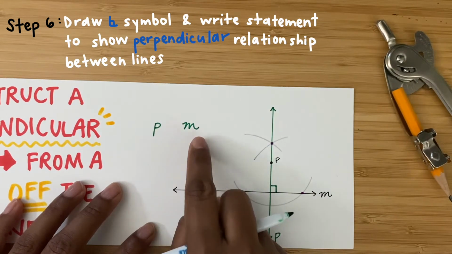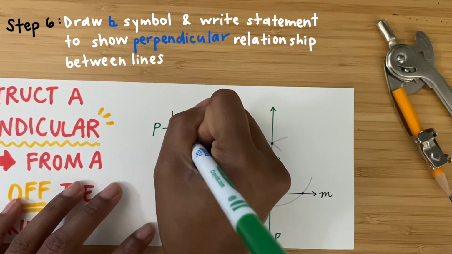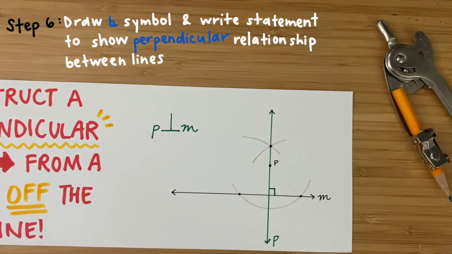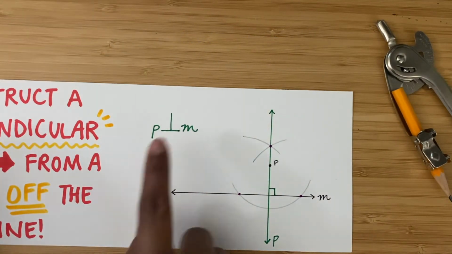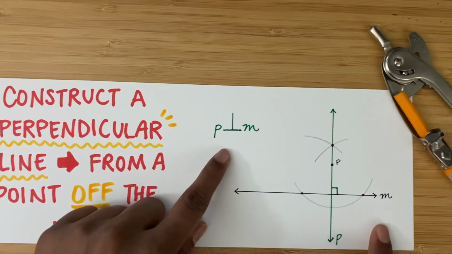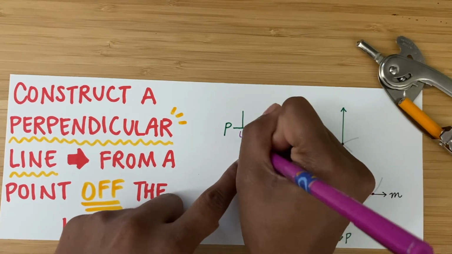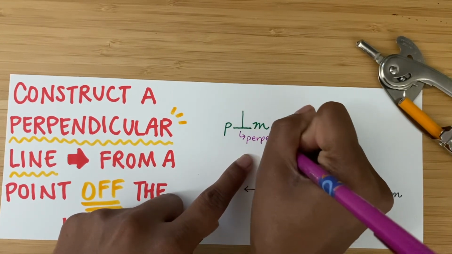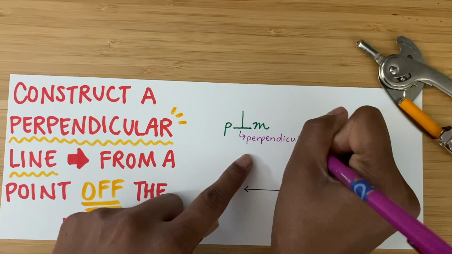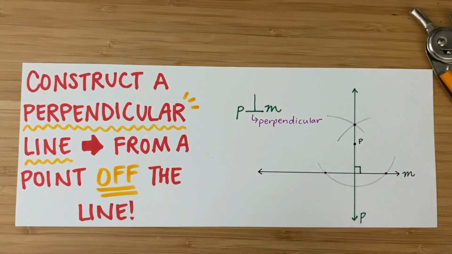So line P and line M. And I'm going to show that they are perpendicular by using this symbol that looks like an upside down T. And when you read this out, you read it as line P is perpendicular to line M. So I'm just going to make a little note here that this symbol means perpendicular. And now you have 2 lines that form a 90-degree angle.